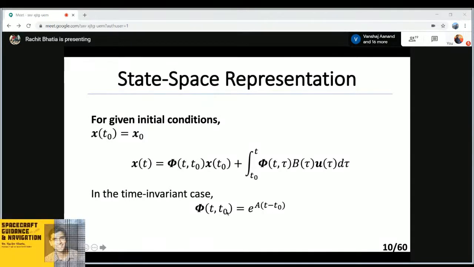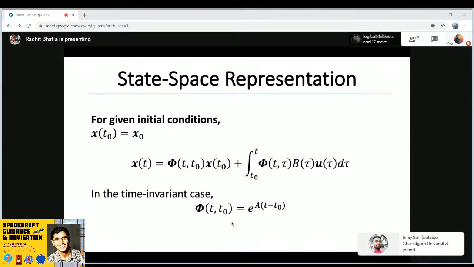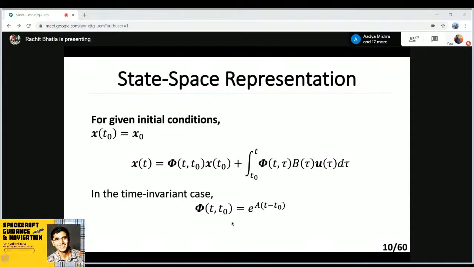So we can get the state transition matrix. Now, the way you can understand this is that the state transition matrix is basically a matrix that helps you transit the state from one time to another time. So here the state transition matrix is helping us transit the state vector from t0 to t. So it is a very important thing.